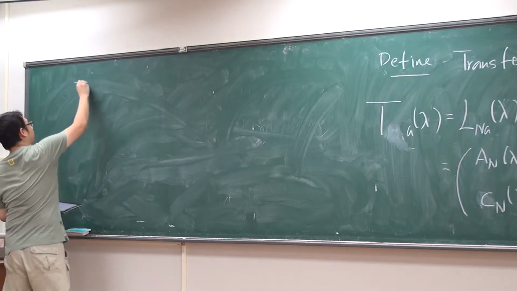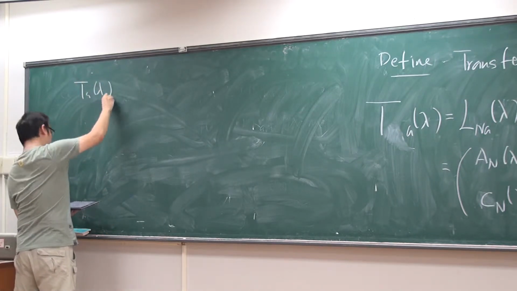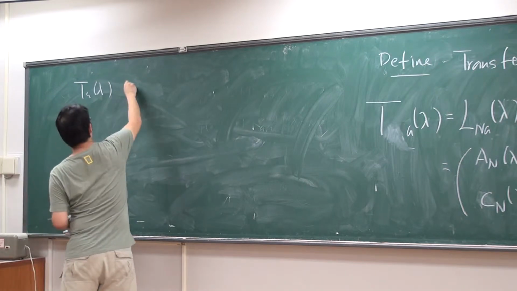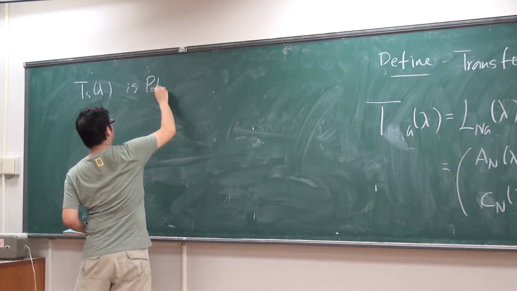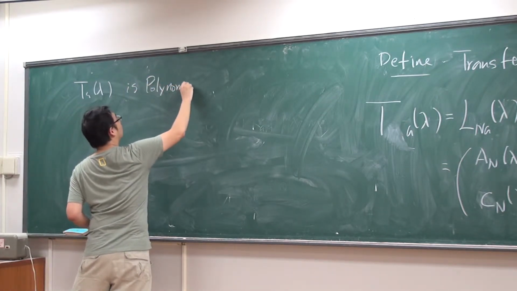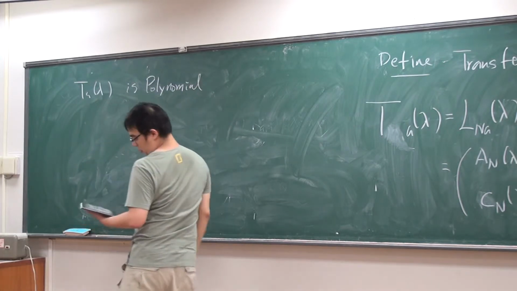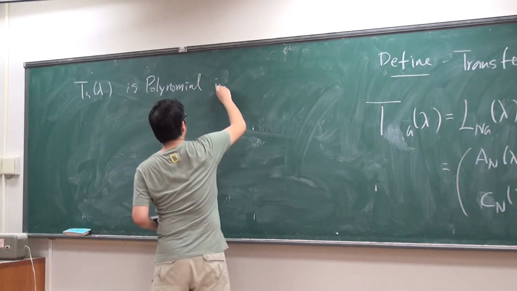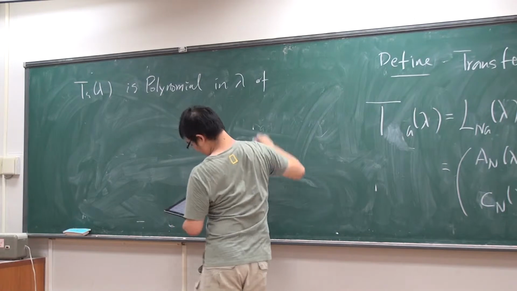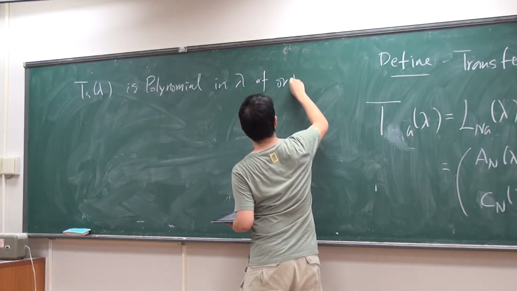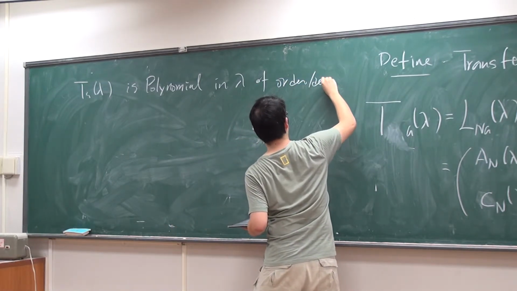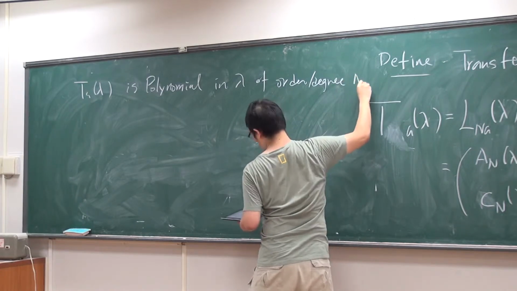The transfer matrix T_A(lambda) is actually a polynomial in lambda of degree n, and this is a key point.